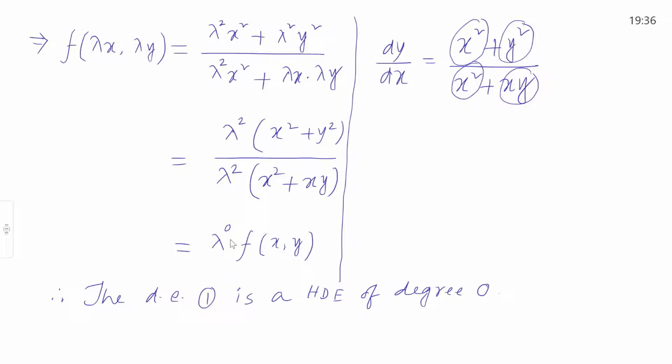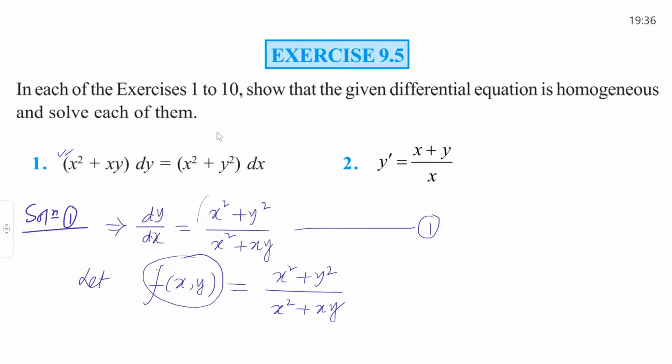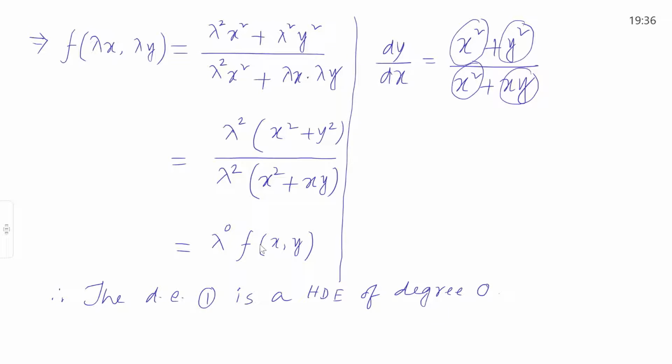Then what was the process to solve a homogeneous differential equation of the type dy dx is equal to something? My equation number 1 was dy dx is equal to this.